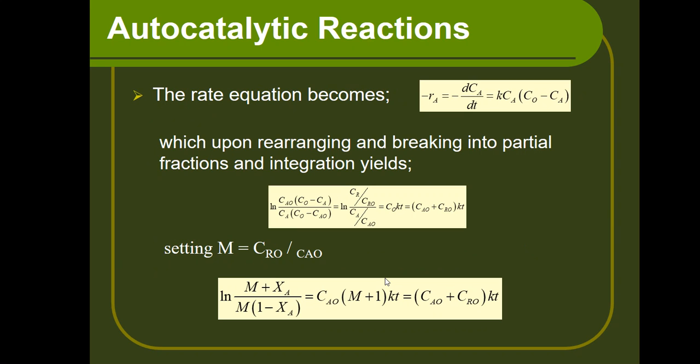Now, the formula for autocatalytic reaction may be this without the simplifying expression M, which is equal to the ratio of the initial concentration of the product, which has a catalytic effect, and the initial concentration of A. If you'd like to use this, you will have this particular equation. Please look for the equivalent of such an equation in your handbook. If not, then you have no choice, but you have to memorize, just in case this will be needed by you later on.